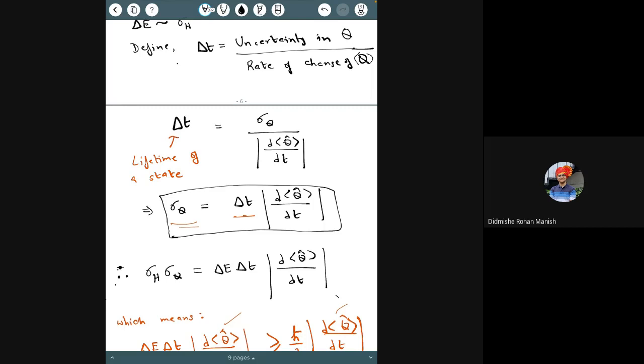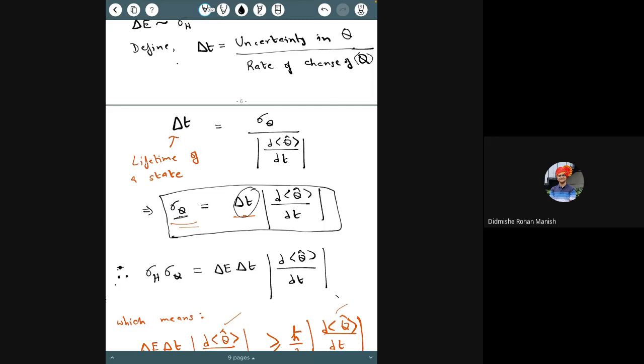So we are relating the evolution of the state, which is the quantity delta t, to the rate of change of the observation that we're doing for the property Q. And since there is an uncertainty involved in measuring this quantity, we have sigma Q, which is the uncertainty in measuring Q. That is why we're not saying this is t, but delta t, which is the lifetime of the state. This is not really an uncertainty in that sense. Delta t is a lifetime of the state.